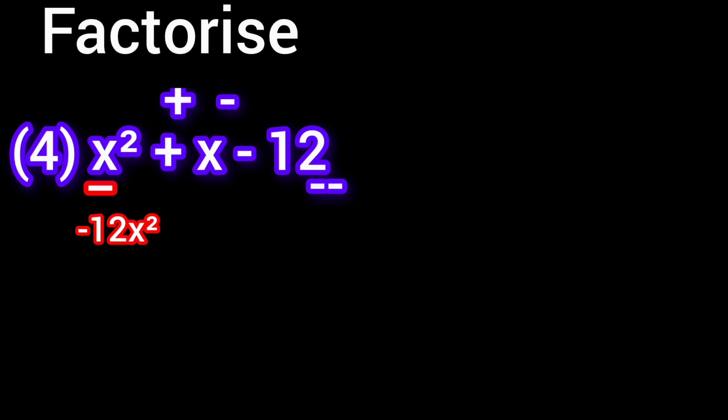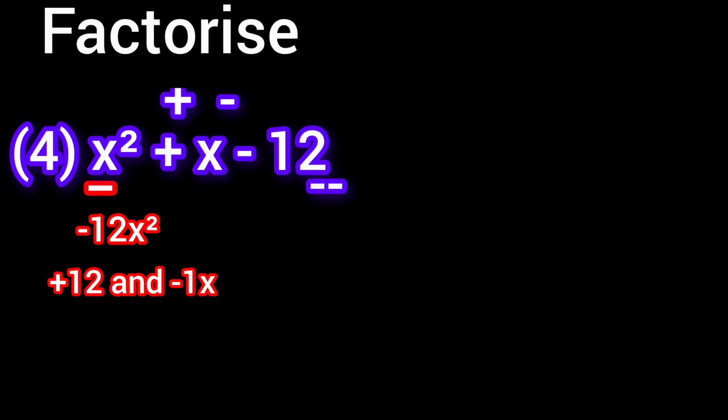And that comes the use of the plus and the minus. It means that the first number must be positive and must be big, and the second number must be negative. First of all, the factors of 12 are plus 12 and minus 1. Plus 12x times minus 1x will give us minus 12x squared. And 12 minus 1 will not give us 1.